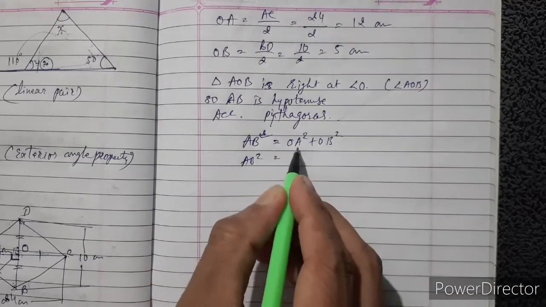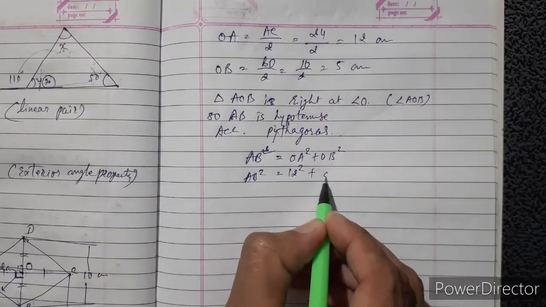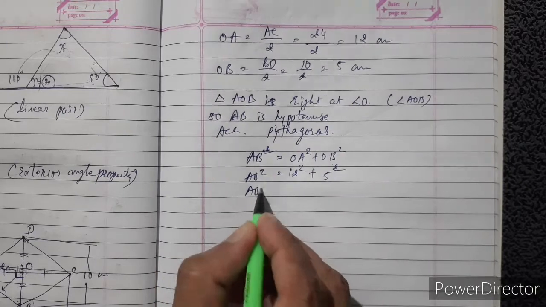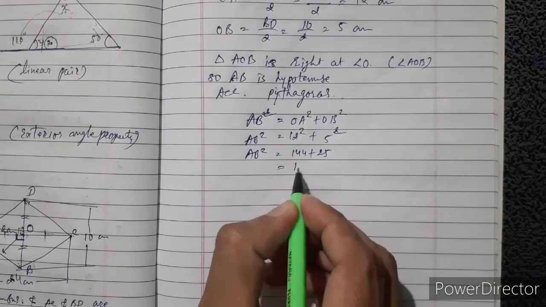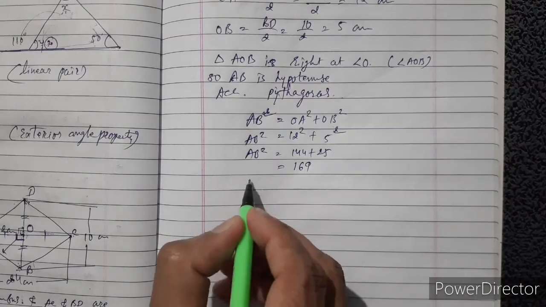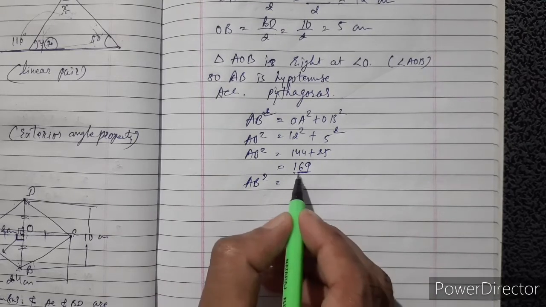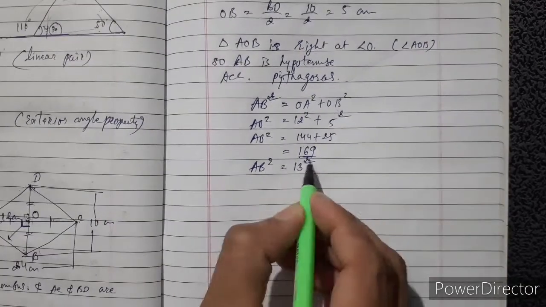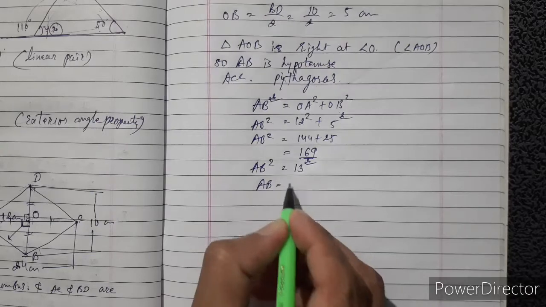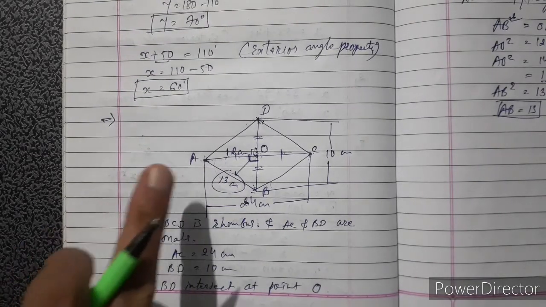So AB square equal to OA equal to 12, that means 12 square, plus OB equal to 5, means 5 square. So AB square equal to 144 plus 25 equal to 169. We know that 169 is the square of 13, means 13 square. Now remove the square from both sides, that means AB equal to 13. So the measurement of AB is 13 centimeters.